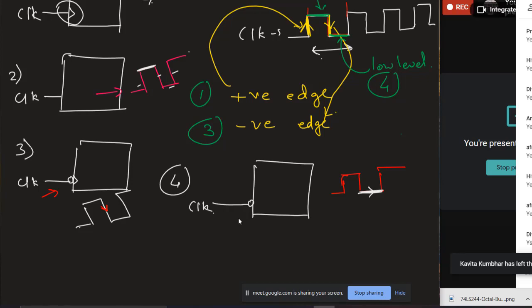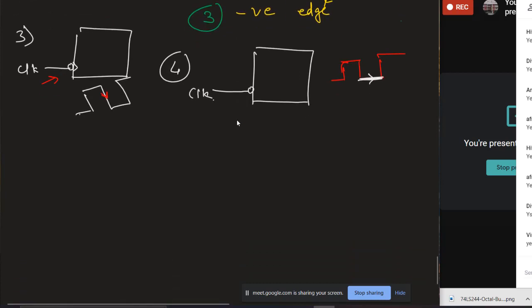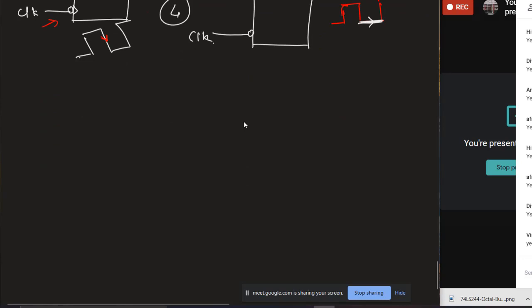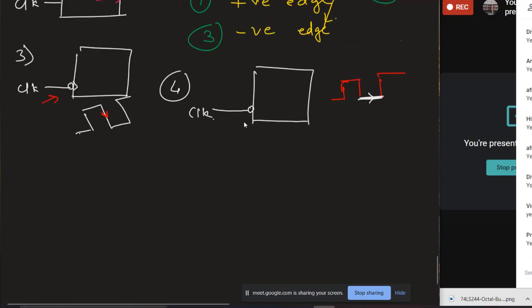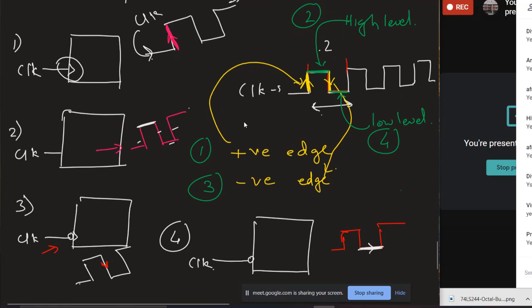This is very important, क्योंकि ये मैं next lectures में ऐसा कुछ भी नहीं पढ़ाऊंगा. When I say the clock is given, it means given, and when any of these 4 combinations is being shown, you should understand when the clock will change and when the output will change according to the input signal, and that is why I am showing you this. So make a note of this right now. It will be very difficult for you to understand in the next lecture if you have not understood this.